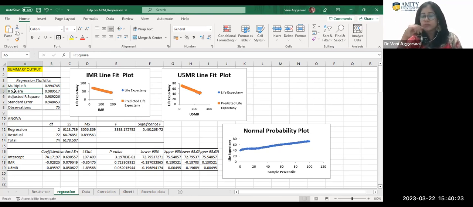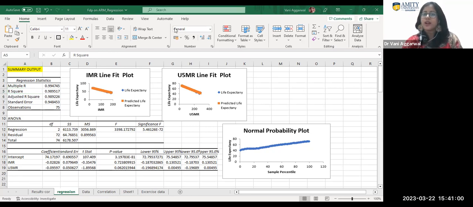Now, what is R square? What is R square? Tell me. Any of you, what is this R square?